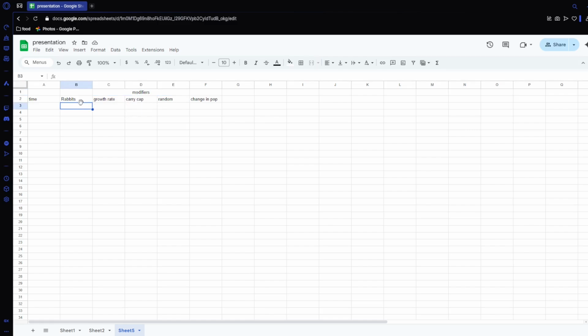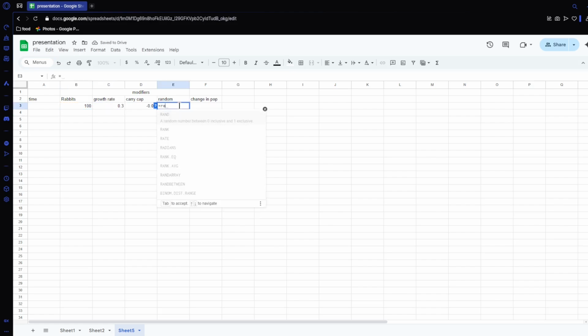Keeping everything as consistent as possible, 100 rabbits, a growth rate of 0.3. Our carrying capacity will limit us by being negative. It's a percentage, our current population divided by our maximum population, and compared to our growth rate.